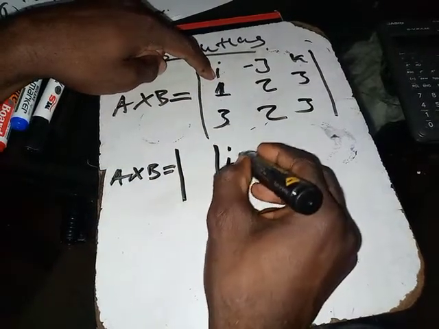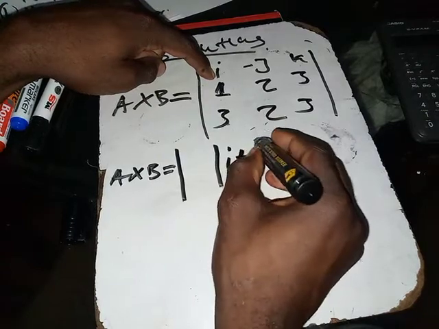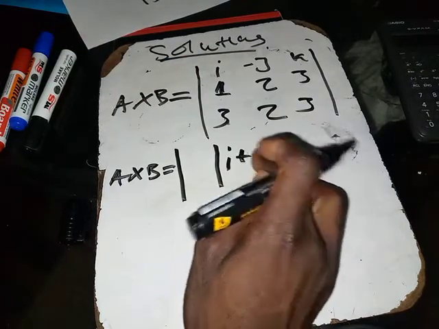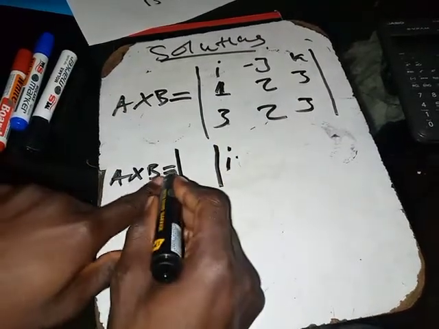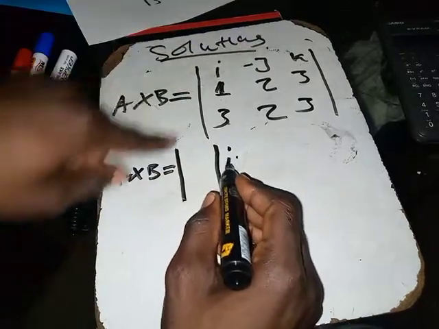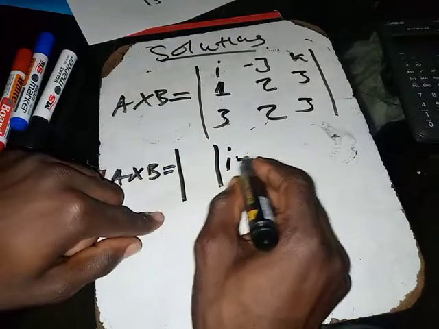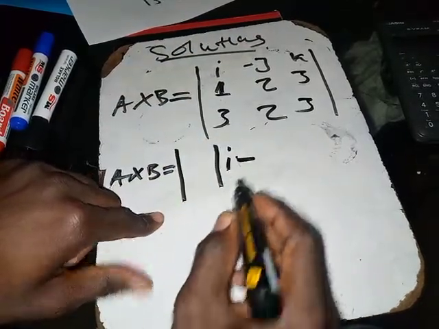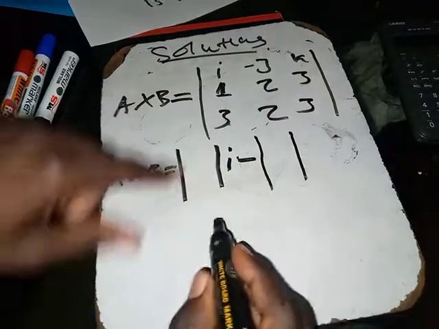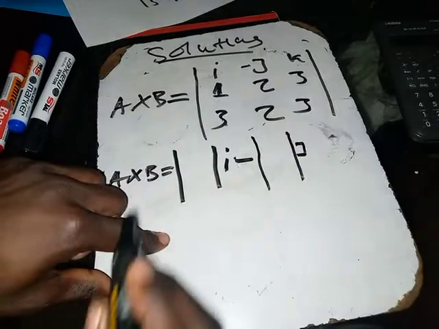Then I'll say minus, because plus is already here for i, and I put the straight bars for j at the end of it.